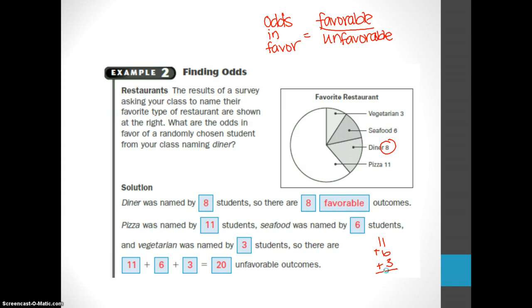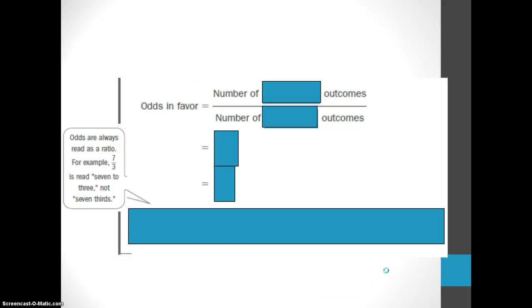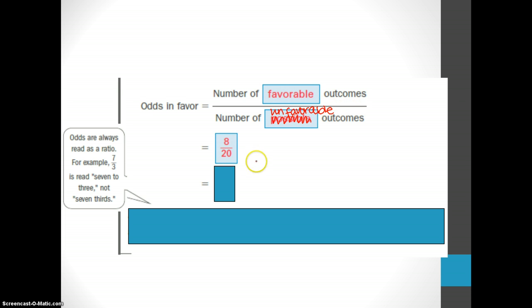Your odds in favor, this is wrong, this should be unfavorable. Over 20.